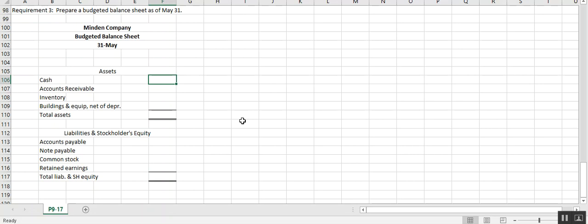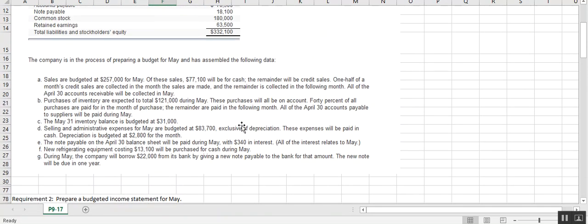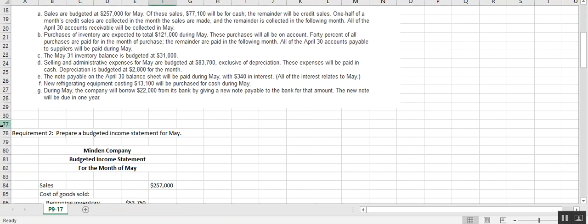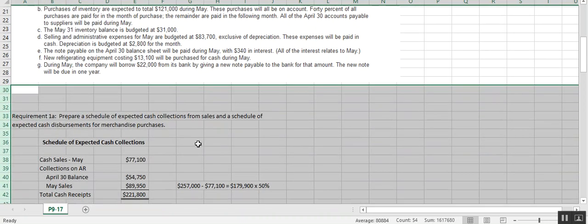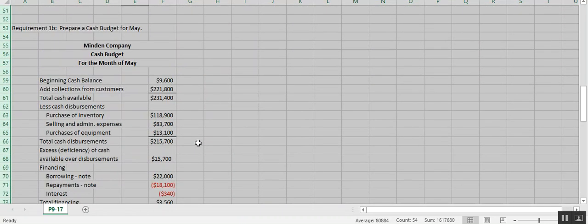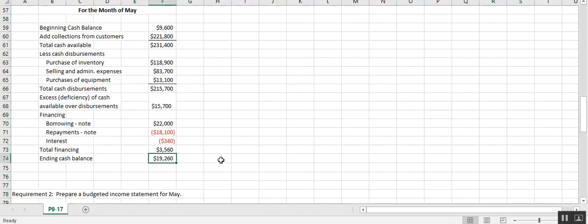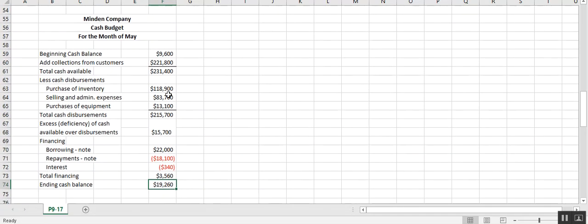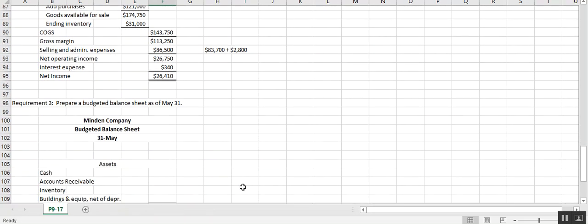So to know what our cash balance is, we're going to go back up to our cash budget, because oh, I hid it from myself. Let me unhide this stuff. So here's our cash budget. The cash budget tells us what we believe our ending cash balance is going to be for the month. So this number here, the $19,260 from our cash budget, is going to carry down to our balance sheet.